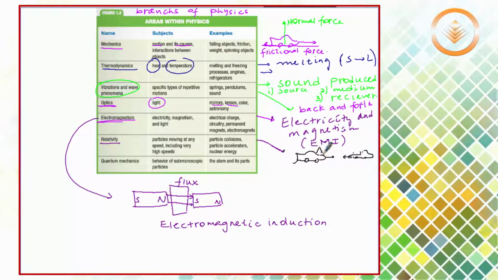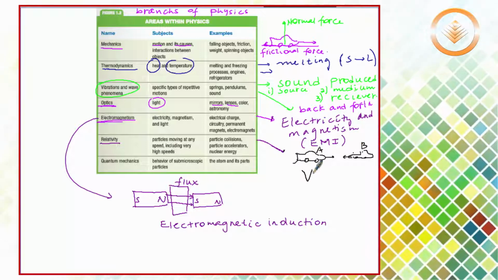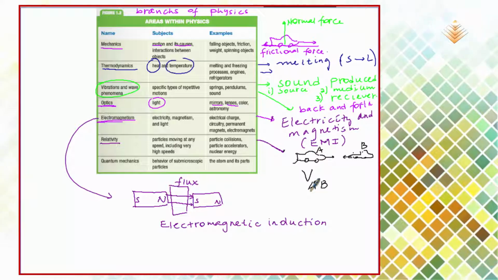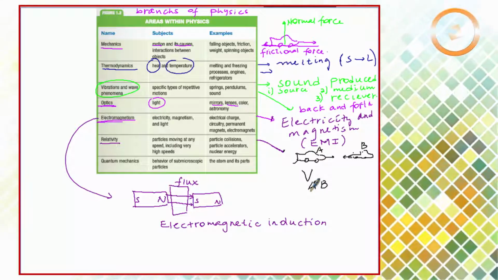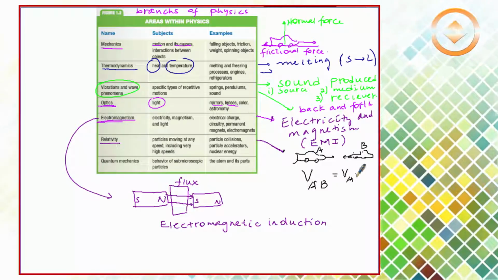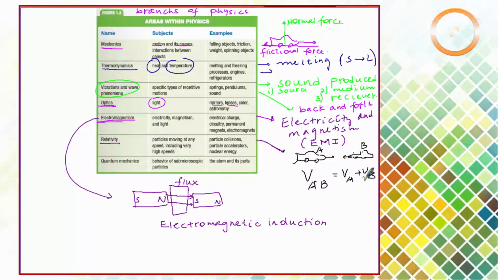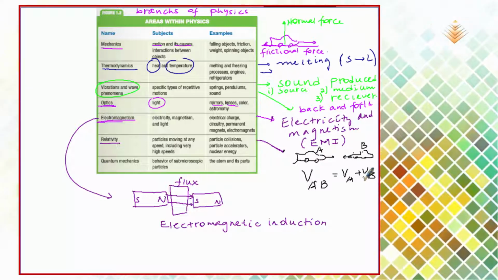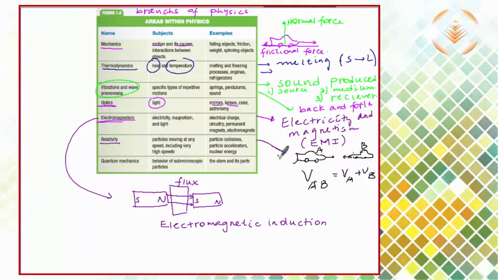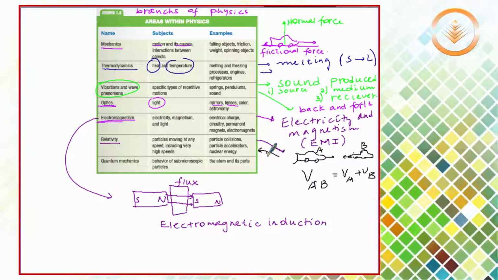Let's say this is car A and this is car B. So this is VAB, the velocity of car A relative to car B. This is given by the formula, the velocity of car A plus the velocity of car B. So the speed of one car relative to another car is studied by a branch of physics called relativity. And the other one is quantum mechanics.